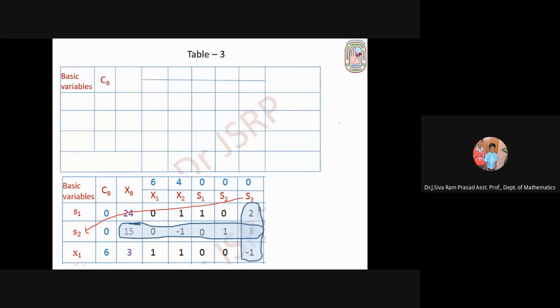First column basic variables, second column CB, then XB, then the column vectors X1, X2, S1, S2, S3.